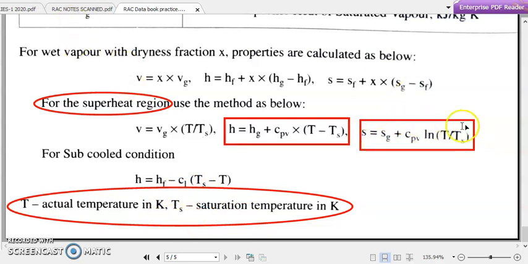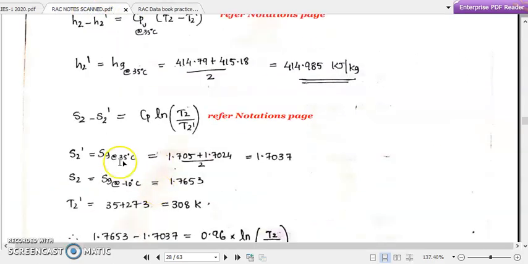Substituting this relation into ours, it comes out as: s2 minus s2 dash will be equal to Cpv times natural log of T2 by T2 dash.